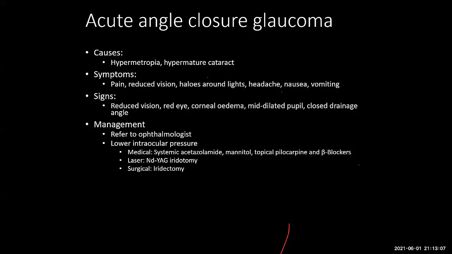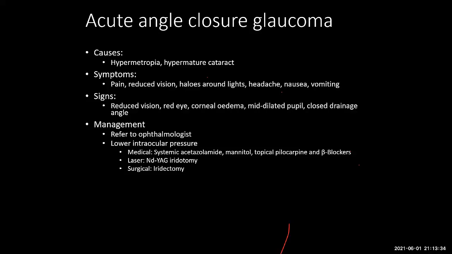Now, acute angle closure glaucoma is another problem that we see in the ophthalmic department. Again, the risk factors would be hypermetropia and hypermetropic cataract. Usually hypermetropes have a smaller globe.